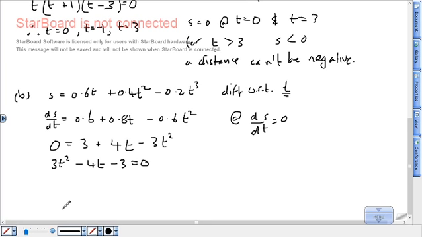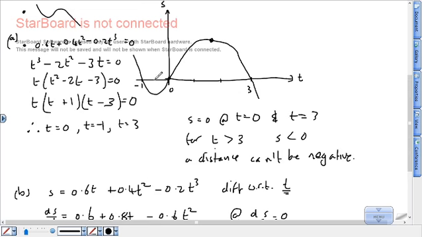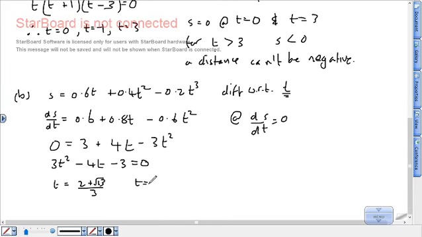The first solution says that t equals (2 plus root 13) over 3, so that's the positive one. I'm expecting a negative value here for the minimum. So equals again, and I end up with t equals (2 minus root 13) over 3. That's impossible, so it's the first one we want to use.